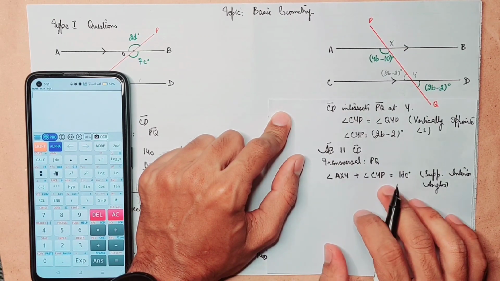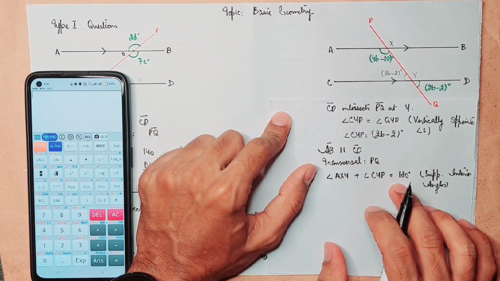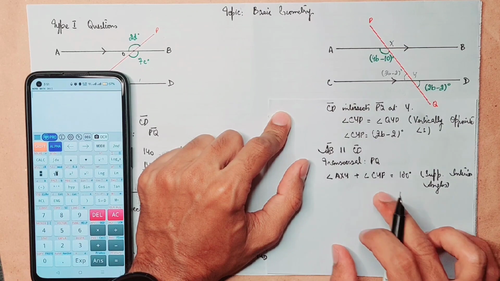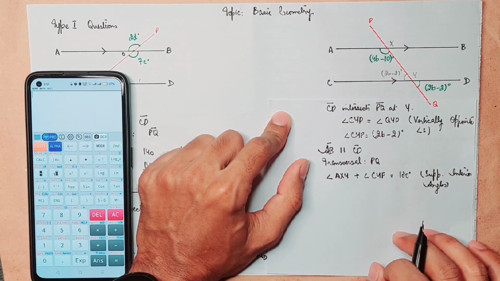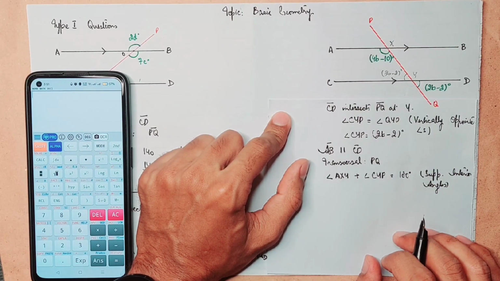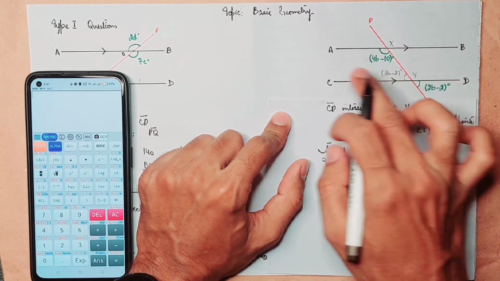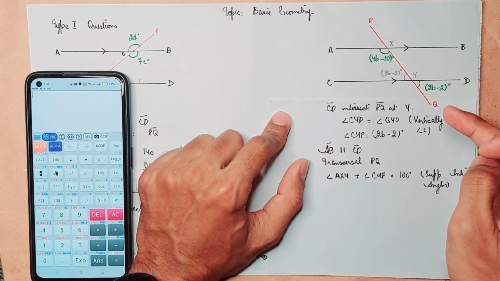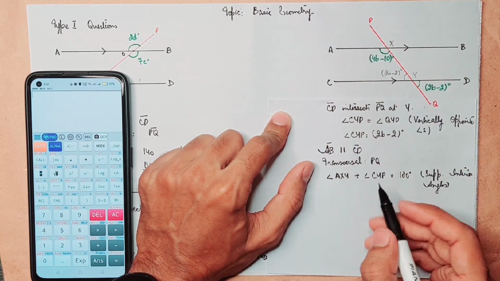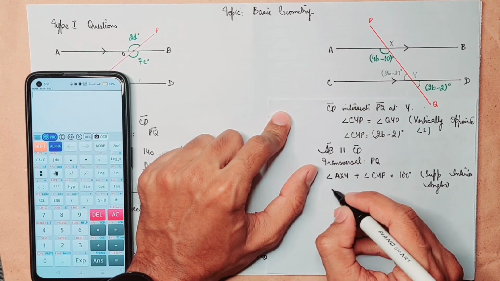As these two angles sum to 180 degrees, and one of the angles is known, which is CYP, CYP is 2b minus 2, and AXY is equal to 4b minus 10. So I am putting the values of both of these angles.